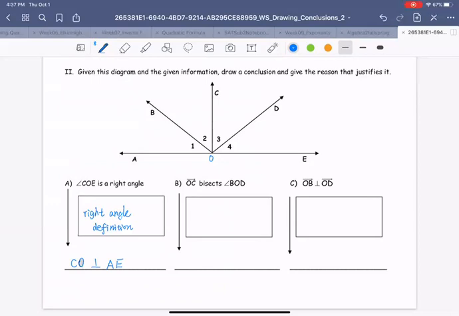Okay. Let's see. OC, you read the question, go ahead. OC bisects angle BOD. What's your conclusion? Bisects.